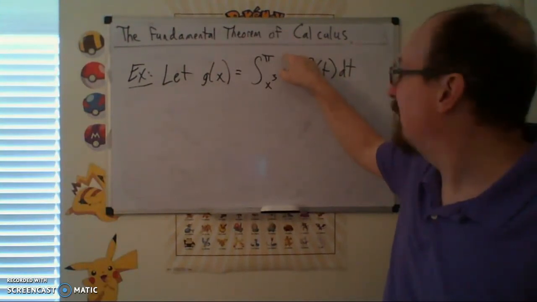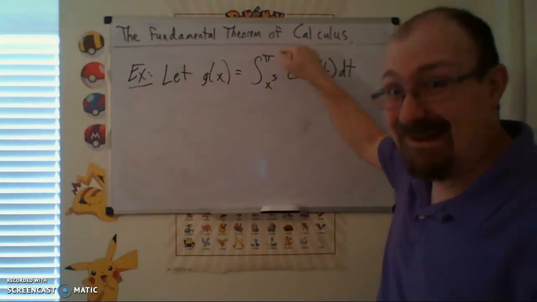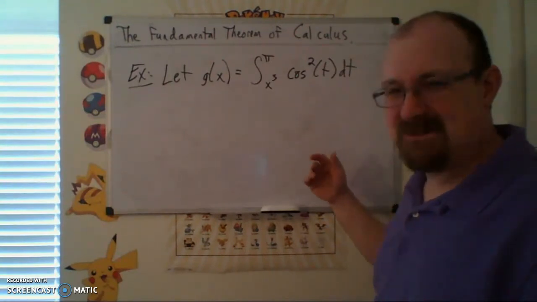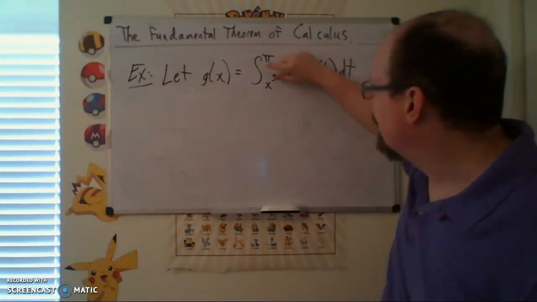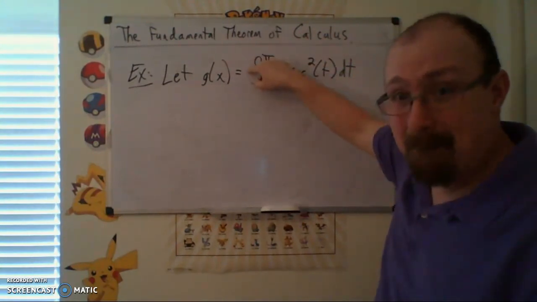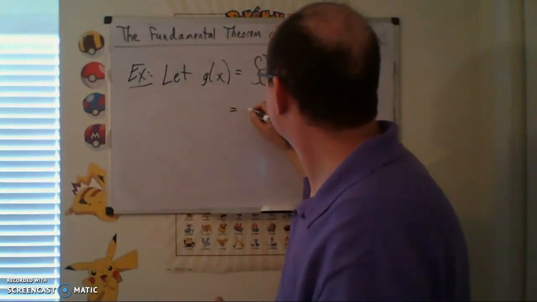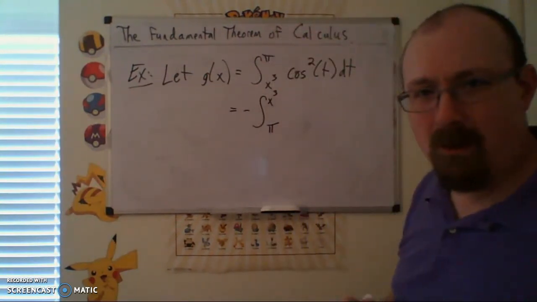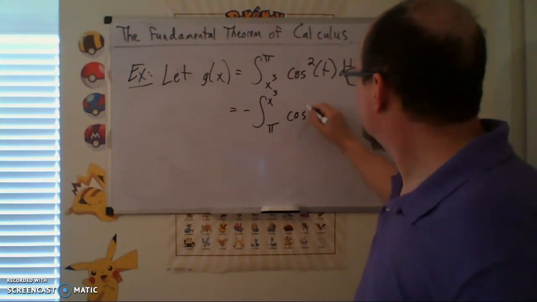That fundamental theorem formula had x sitting right here. We need to get that up there. That's not too tough, really, because we've seen those properties of integrals. If we flip-flop our limits of integration, that's right, all we need to do is slap a minus sign out in front of this fella. So now we have pi down below, x cubed up top.